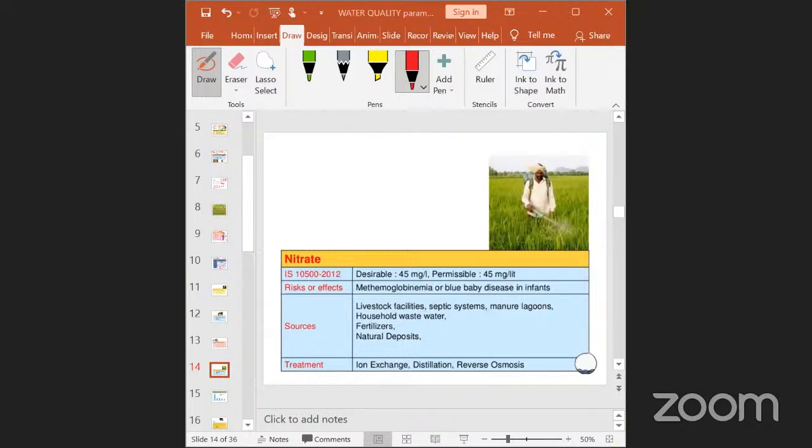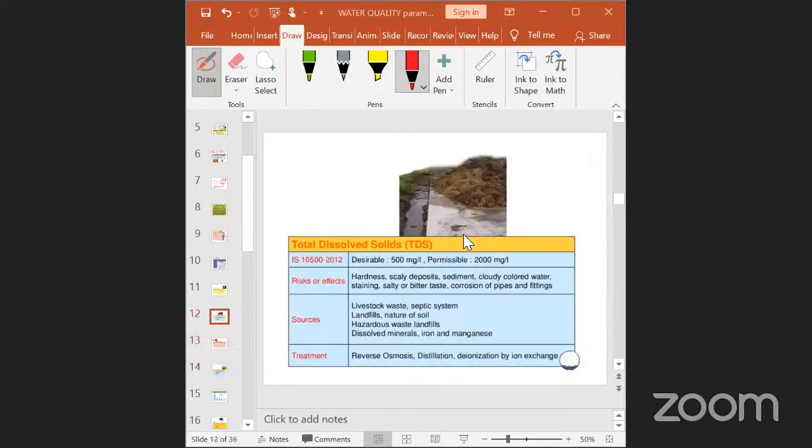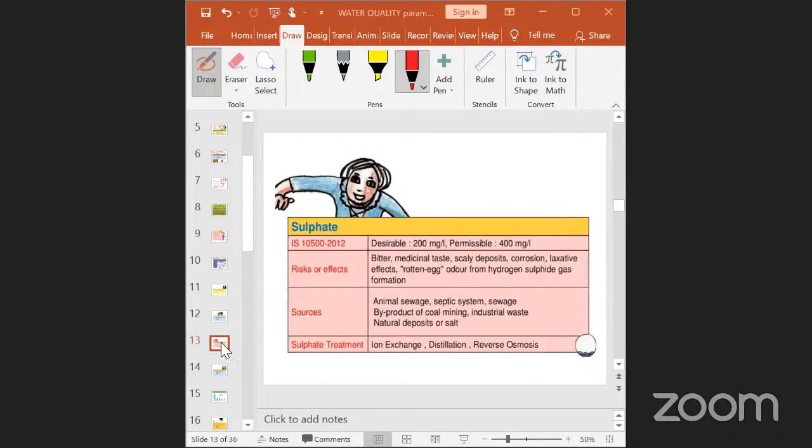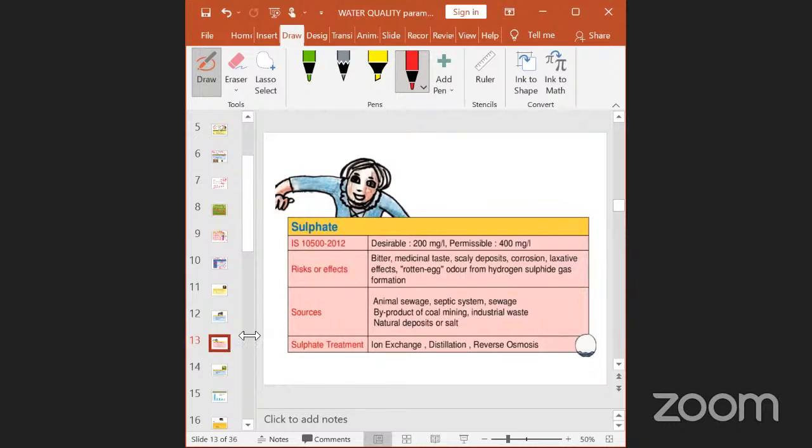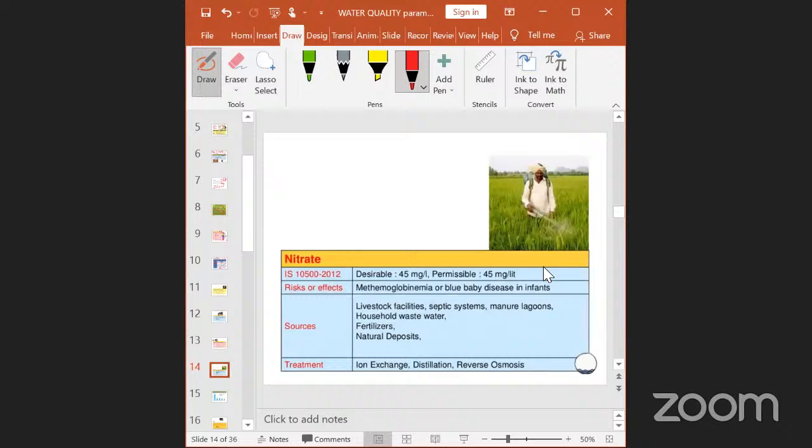So, nitrates. A high concentration of nitrate in the surface water can stimulate the rapid growth of algae or plants, which degrades the water quality.